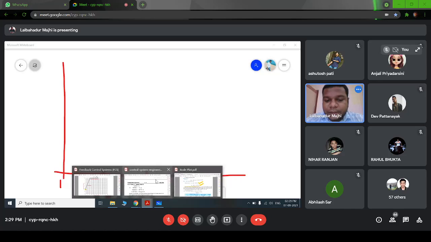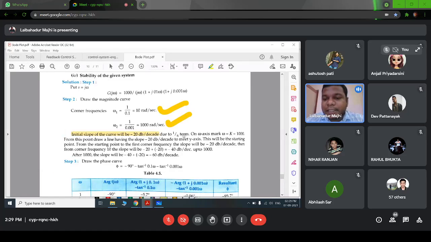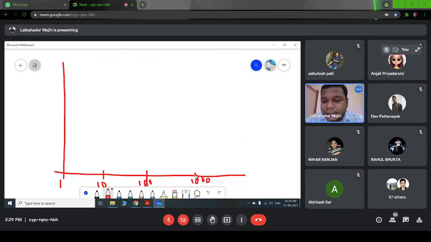We have to mark on the omega axis the point where omega is equal to k. The k value is 1000, so we mark this 1000 on the omega axis.